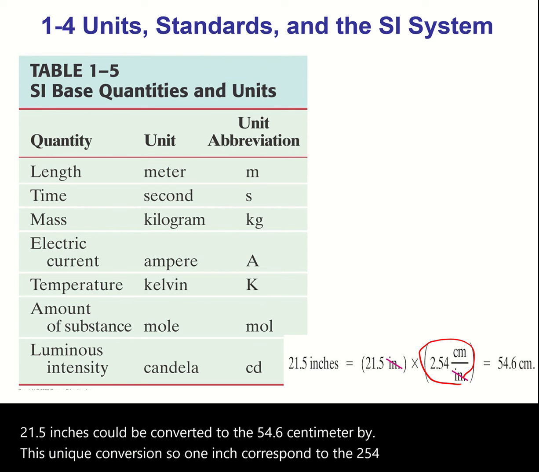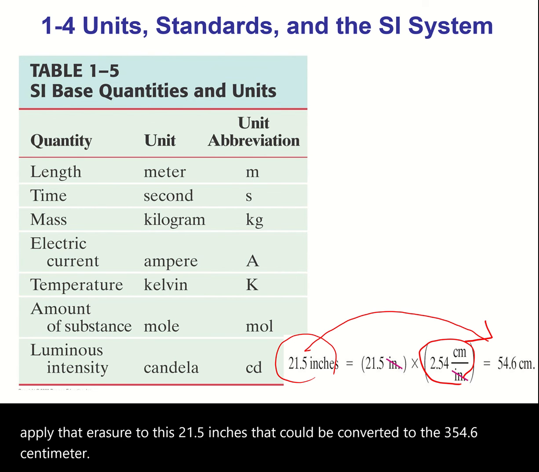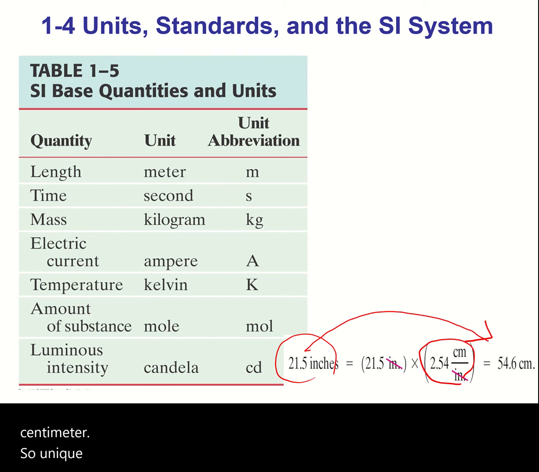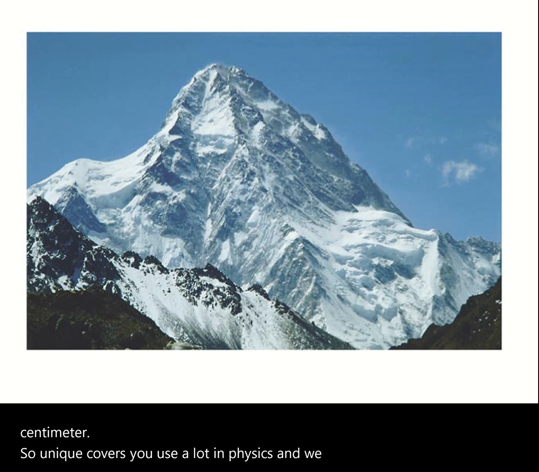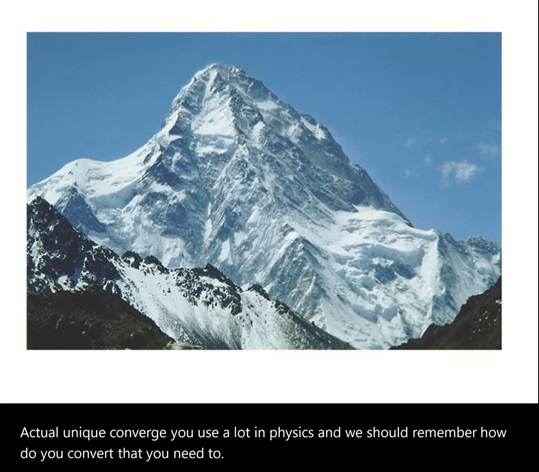So if you apply the ratio to 21.5 inches, that could be converted to 54.6 centimeters. Unit conversion is used a lot in physics, and you should remember how to convert a unit from one scale to the other.